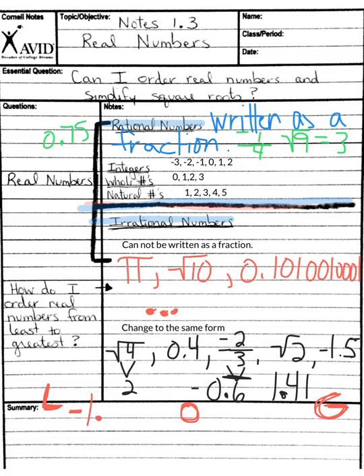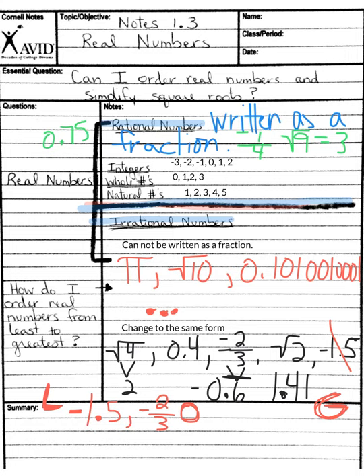So negative 1.5 is going to be the smallest. And then my only other negative number is negative 2/3, and that is closer to 0. It's actually bigger than negative 1.5. So I can write that right here. Did you also notice I wrote the original form? Then we have 0.